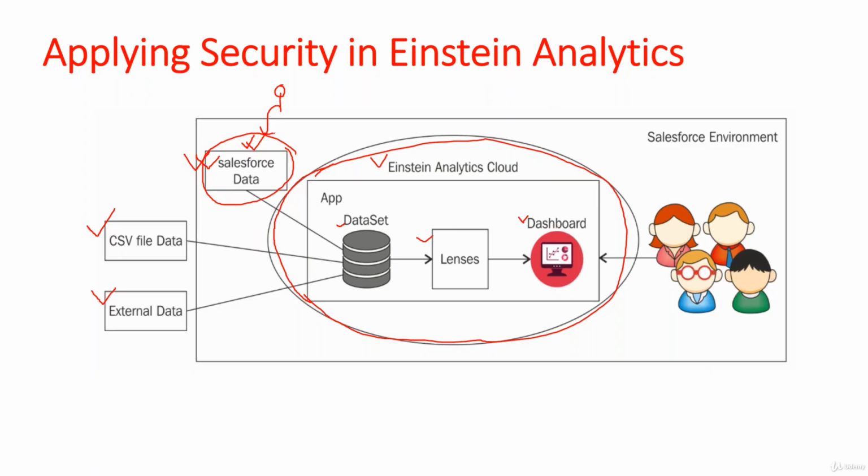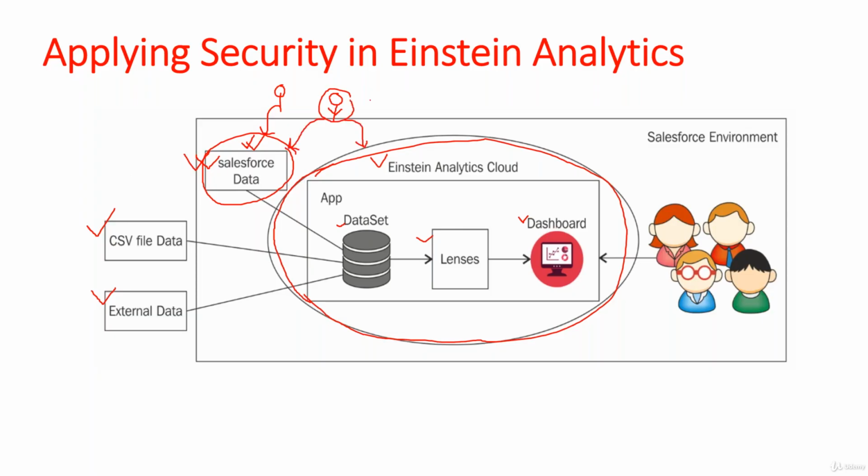Now, let's think I have a user. We'll discuss in detail so that you understand the core concept of security. So I have a user who has access to my Einstein platform, and this user has access to my Salesforce platform.